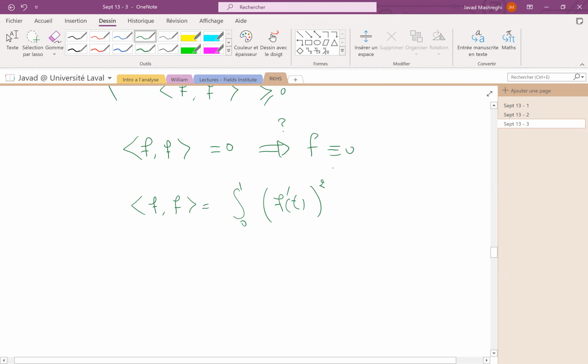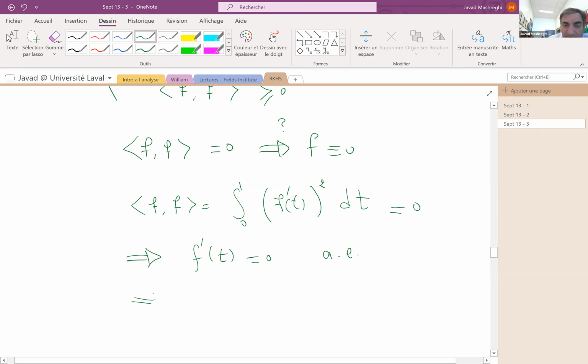But you need to be careful here precisely. When this is equal to 0, the integral from 0 to 1 of f prime squared dt is equal to 0. What is the conclusion? F prime is 0 almost everywhere. Please stop here. Very good answer. F prime of t equal to 0 almost everywhere.